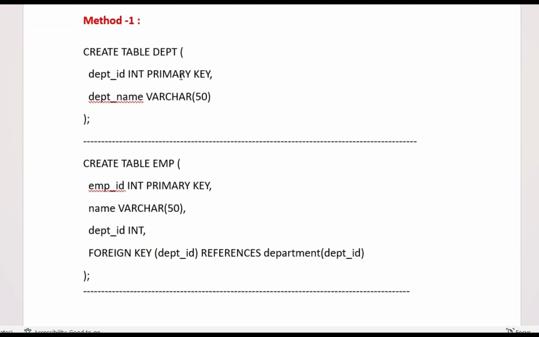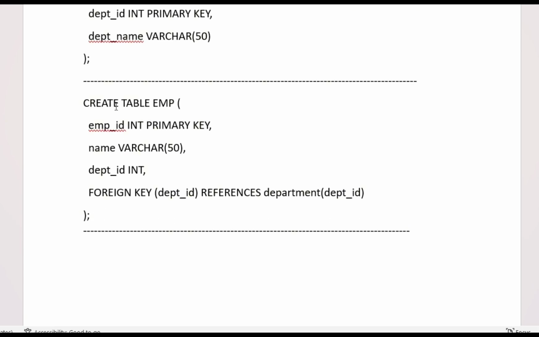This department table is normal. Coming to the employee table, while creating this table, we can add a foreign key at the end of the query. By adding this foreign key, both tables will be connected directly.